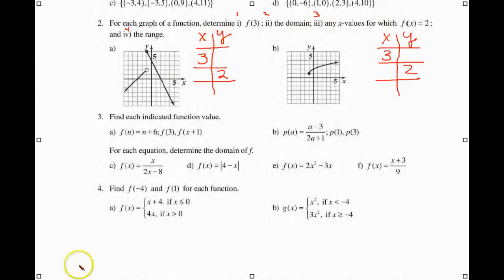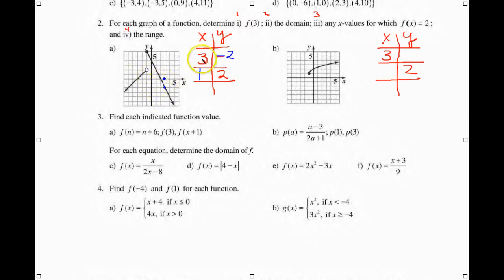Okay, let's take a look at that. Pieces here. Here, if x is 3, well, we go on our graph, and x is 3 right there. So when x is 3, what will y be? Well, y is going to be a negative 2.